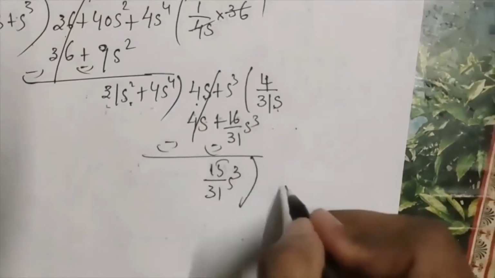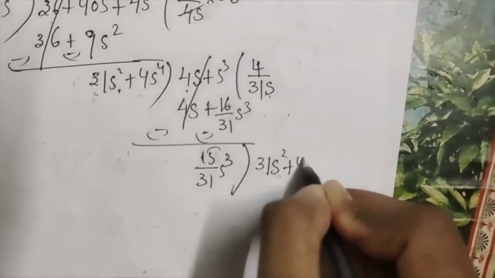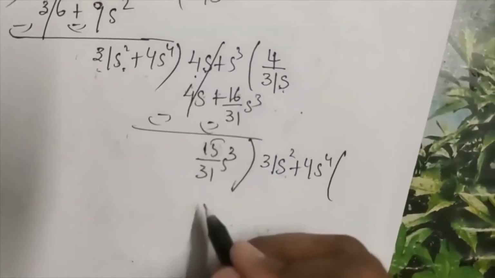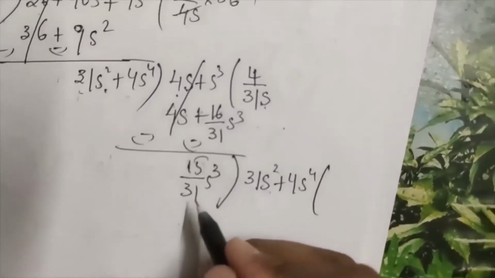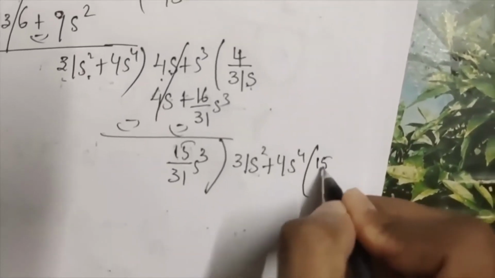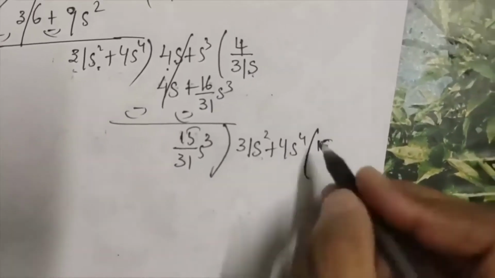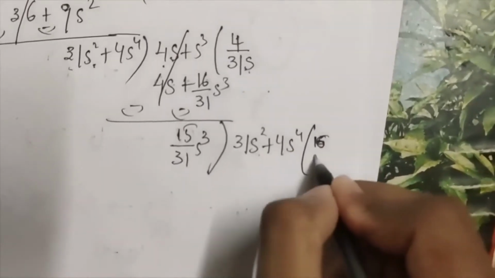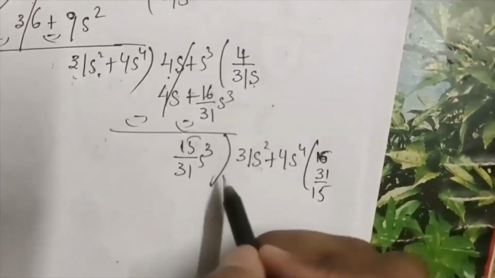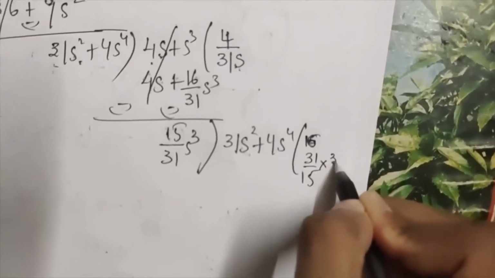Since it is positive, again let us take 31s square plus 4s power 4 and 15 by 31 s cube. So first we'll eliminate that 15 by 31 by writing 31 by 15, and instead of that I should get 31 here.